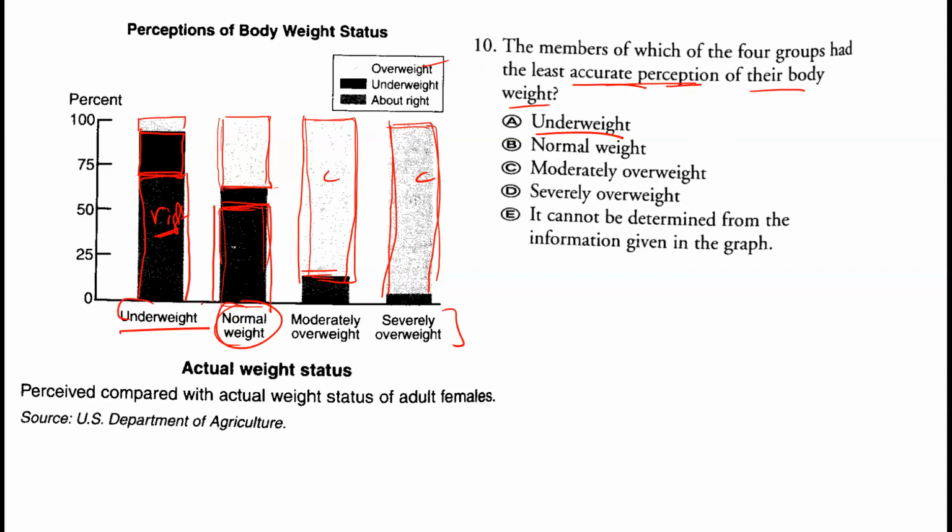But over here, if they are underweight, most of them think that they are about right, so there is a problem. So the most inaccurate perception we have is with underweight females. If the female is underweight, she might be thinking that she is right, even though it's not right. The weight should be a bit higher. So the problem is with underweight.